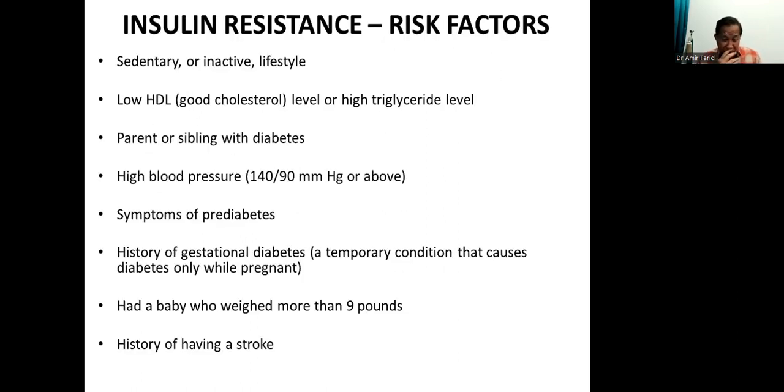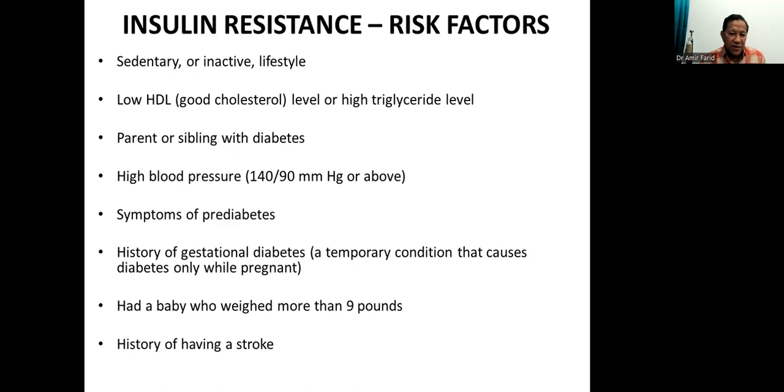So what are the risk factors that can lead to insulin resistance? The sedentary or inactive lifestyle, having low levels of good cholesterol, or having high levels of triglyceride. You start with high level, already you are predisposed, and then insulin resistance will make this worse.